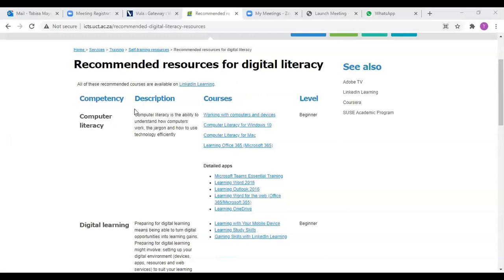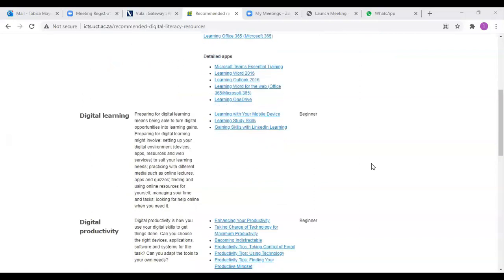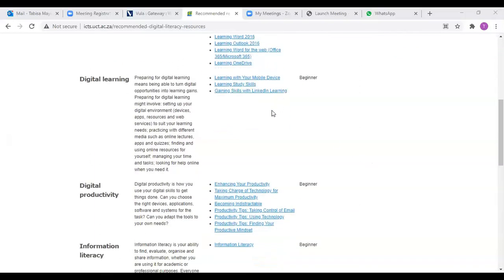ICTS has just pulled together some of these important ones, which we think would be great to be used by the beginners.